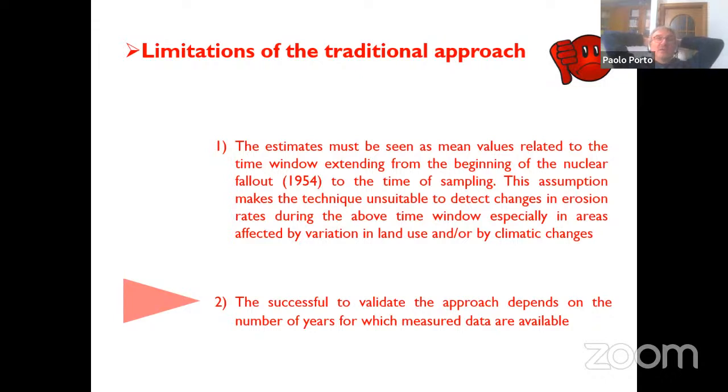And for this reason, I want to apply the technique and check if the technique is, let's say, suitable. And in order to do that, I need to compare the estimates of soil erosion with cesium with direct measurements of soil loss. Let's say soil loss that I have obtained from the plots.